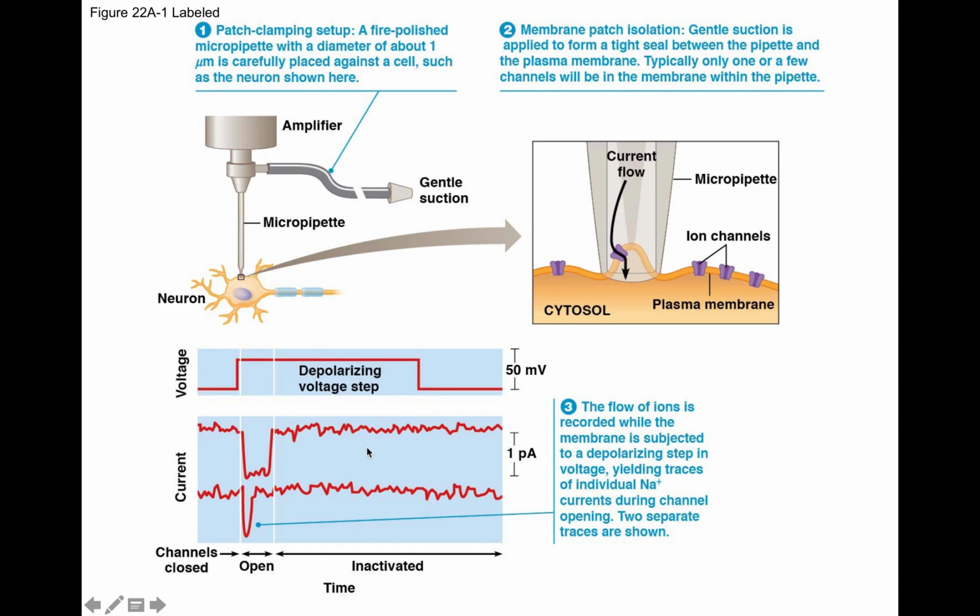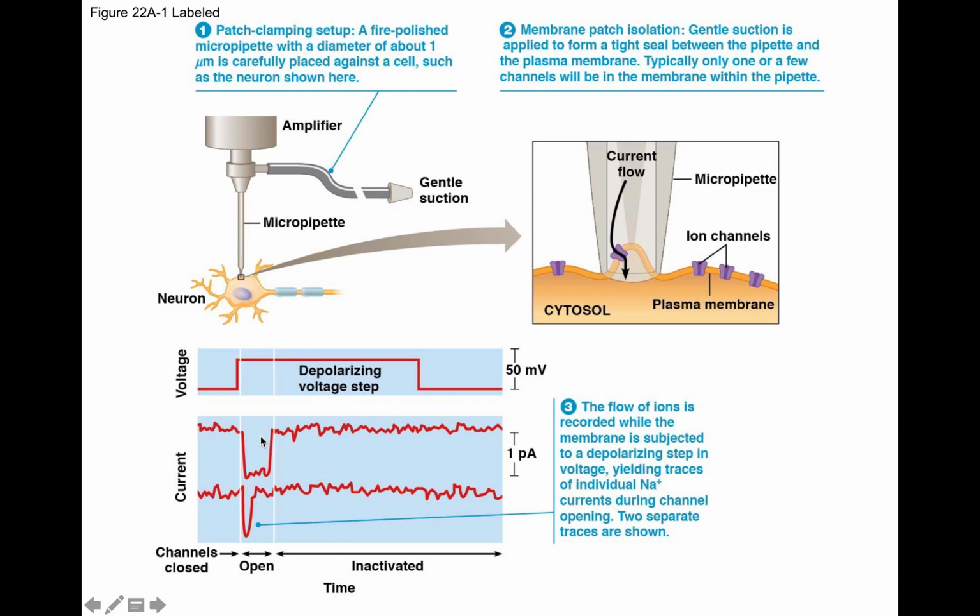and then current is measured while that is going on, and you see a deflection, and the direction of the deflection is dependent on how you do the patch. So this is current going into the cell or current going out of the cell. So this can be going down or going up. That doesn't matter so much.